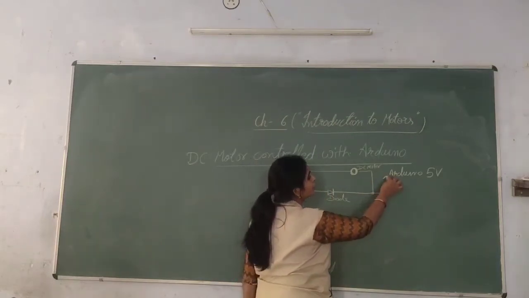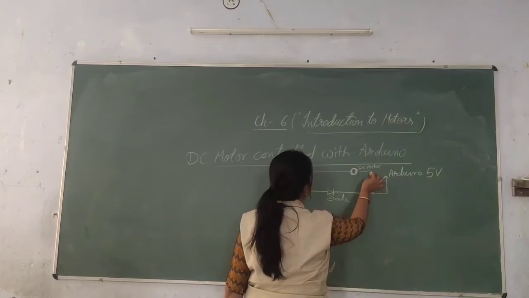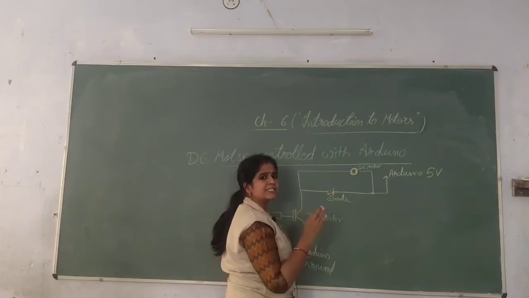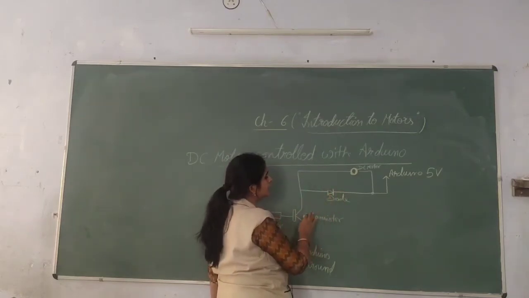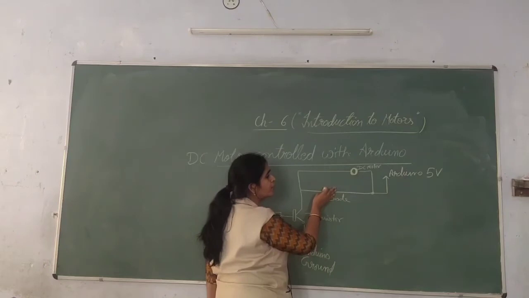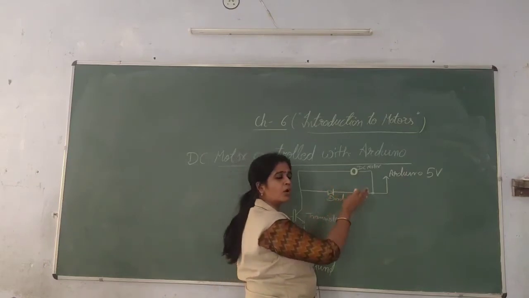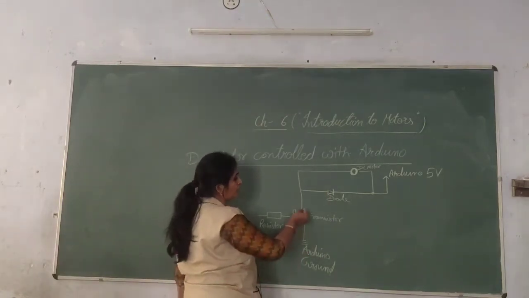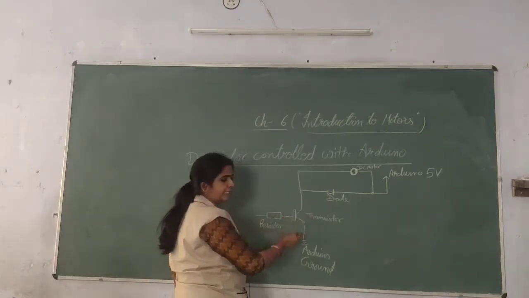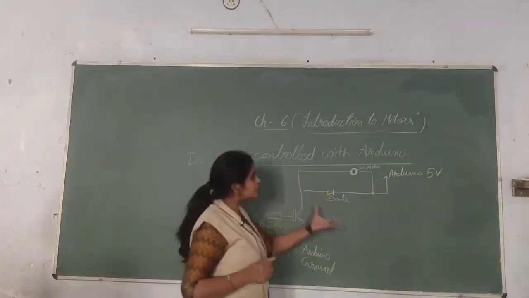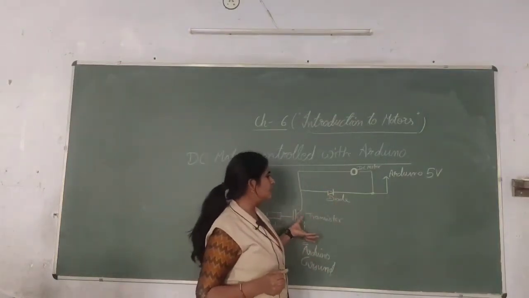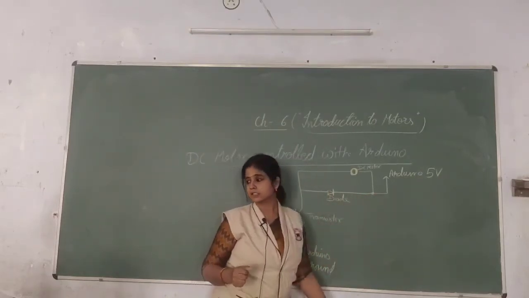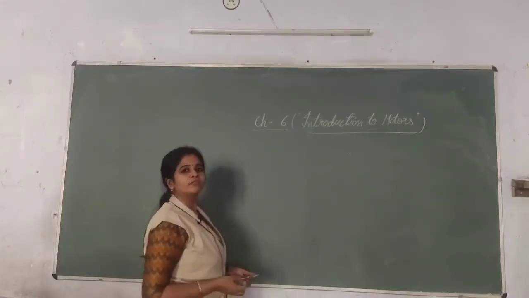When Arduino 5 volt provides the current, DC motor will run, and when the resistance will give resistance to the current, it will control the speed of motor. So the speed of motor will be slowed down by the PWM technique by this 3-pin. Thus PWM technique allows us to give between 0 to 5 volts to that circuit. It's all about DC motor.